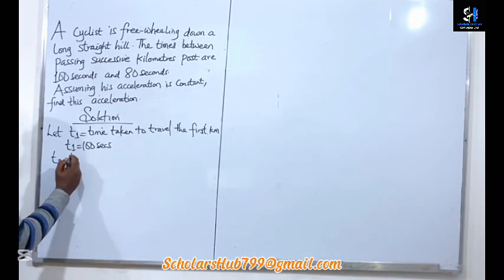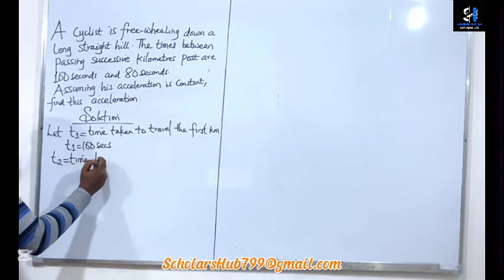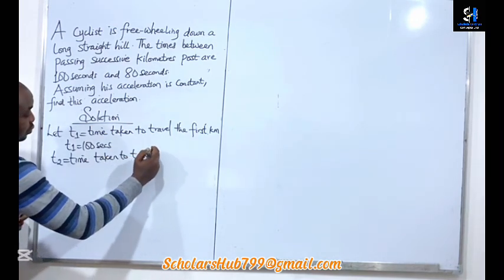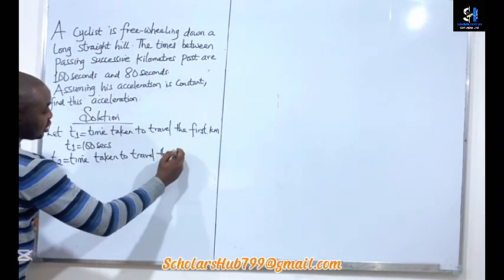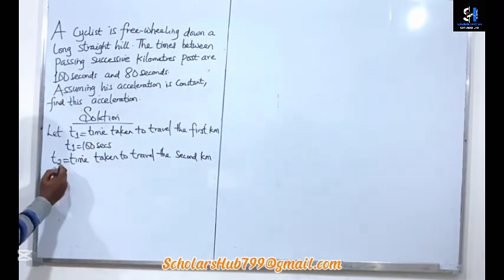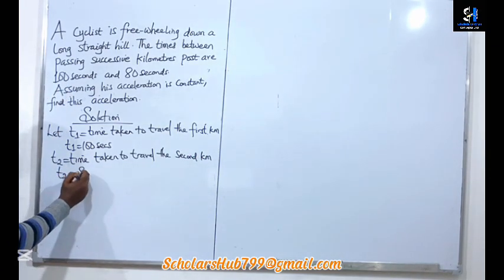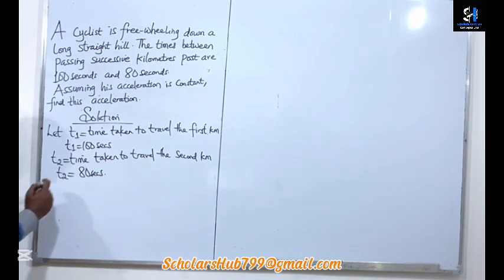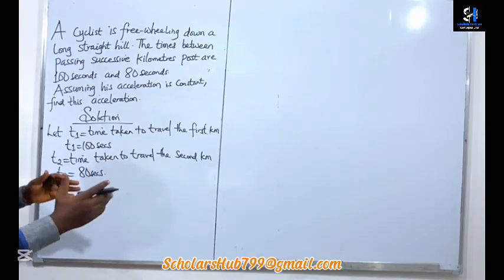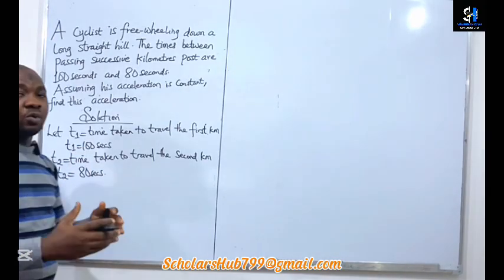Then t2 equals the time taken to travel the second kilometer, and the time would be 80 seconds.